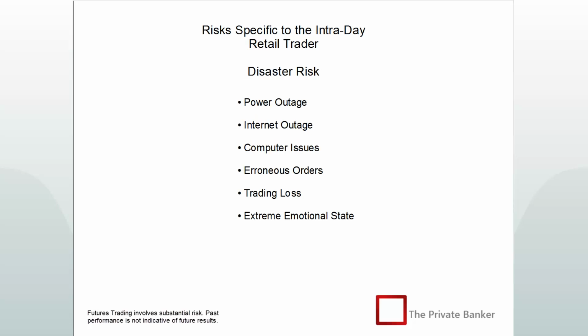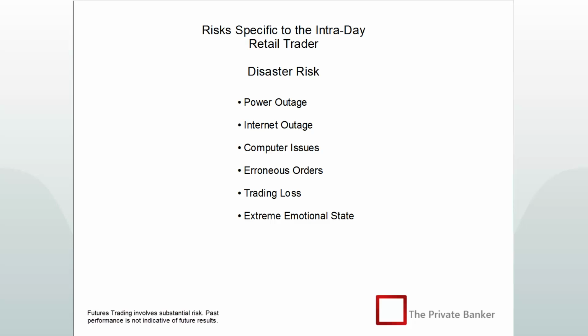Disaster risk. These are extreme occurrences, obviously, but it's still something to have some sort of game plan in place for, because it can happen. If you have a power outage, maybe make sure to have a backup battery for your computer, to give you enough time to get out of that trade if you have one on. Same goes with an internet outage.